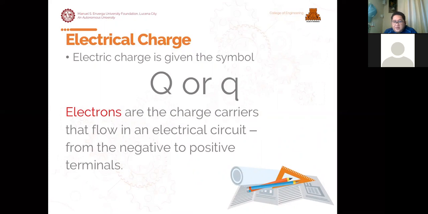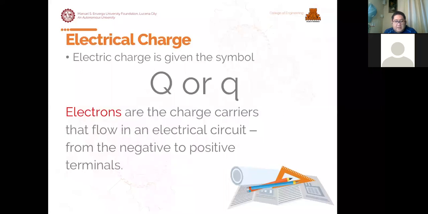Pero as I've said earlier, we should not be confused with it kasi for this final part ng ating course, we will now just be focusing on electrical engineering. So yung Q or yung small q is representing yung electric charge ng particle natin.